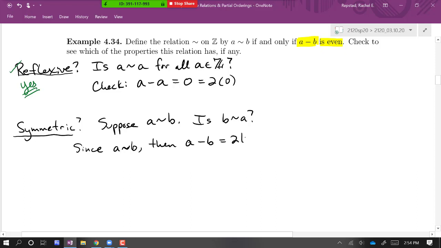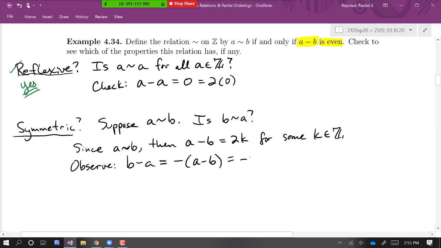So I'll say it's 2 times K for some integer K. In order to answer is B related to A, we have to look at the difference B minus A. We've already observed it just changes the sign, so I'm going to use that. B minus A is the negative of A minus B. What's A minus B equal to? So I got negative 2K.